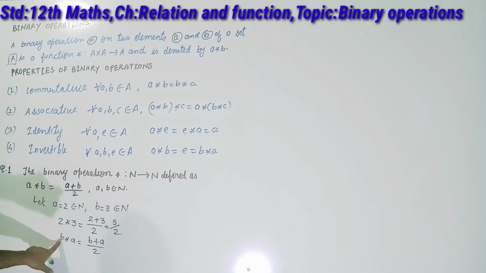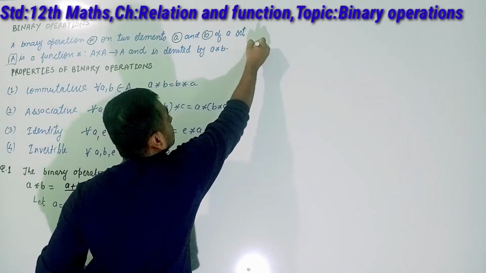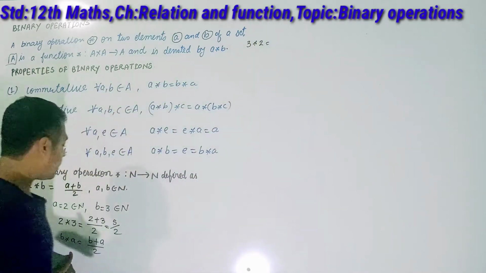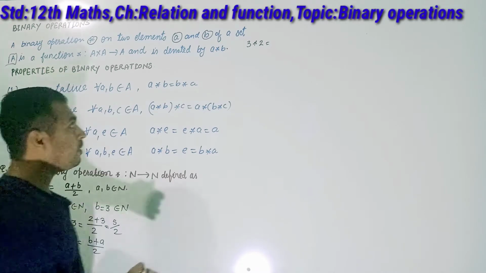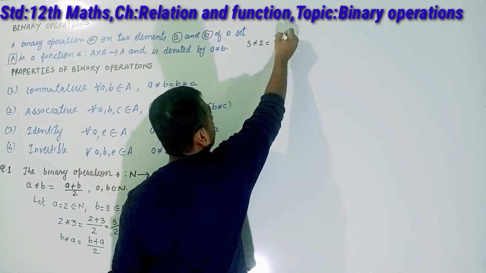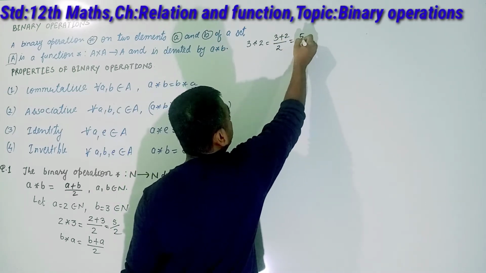So in place of B writing 3, in place of A writing 2, we get 3 star 2. According to this expression, we converted: in place of A we write B, in place of B we write A. So there will be (3 plus 2) by 2, again we are getting 5 by 2.